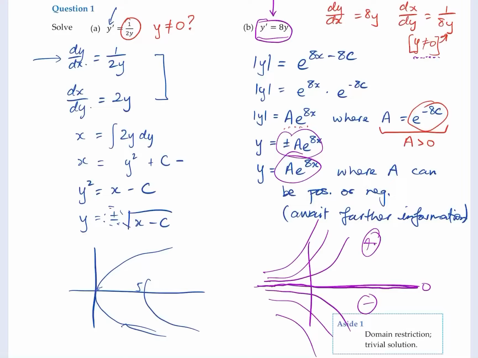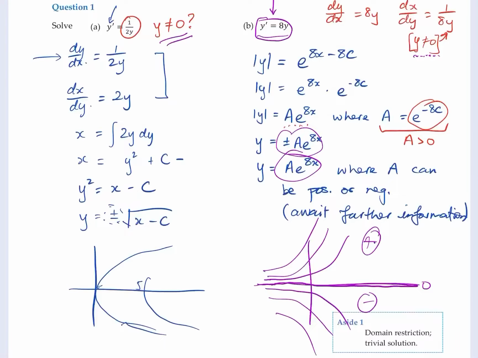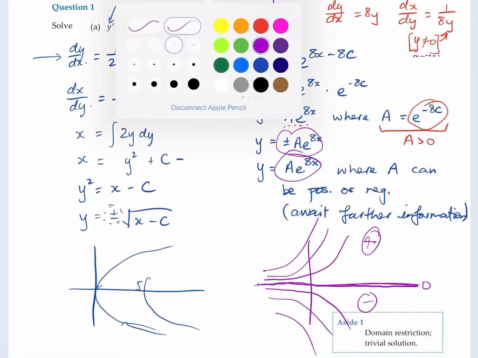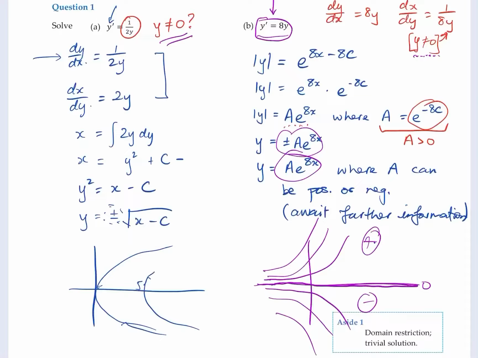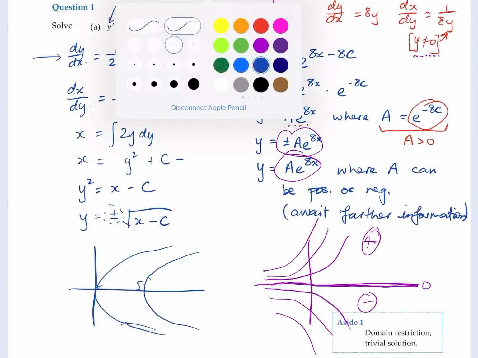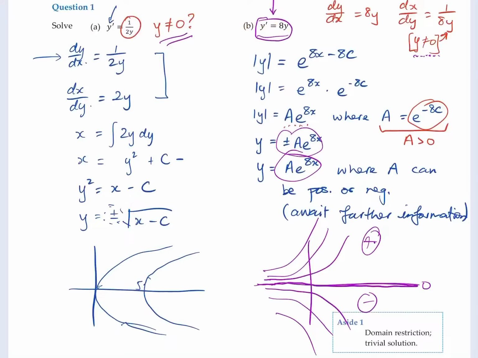And over here, we looked at y dash equals 1 on 2y, and y does not equal 0. Well, what did our graphs end up looking like? I just drew 2 of them. They're sideways parabolas, or plus and minus square root curves, and y cannot equal 0 apparently. Well, these are the places where y equals 0, and what's the gradient there?